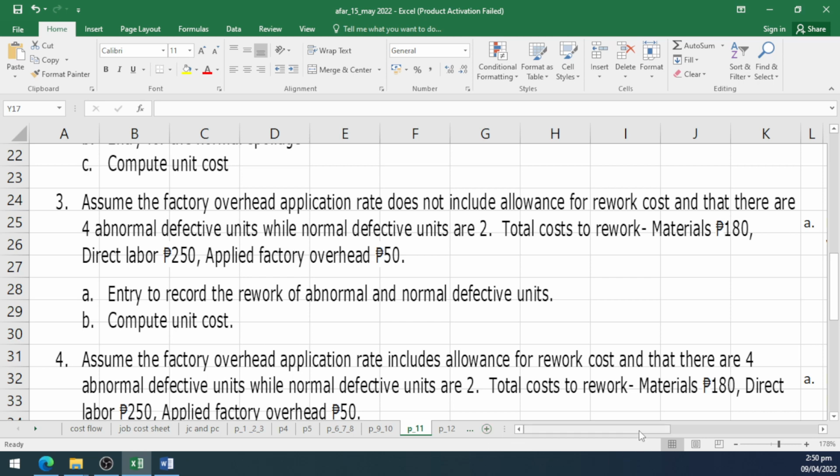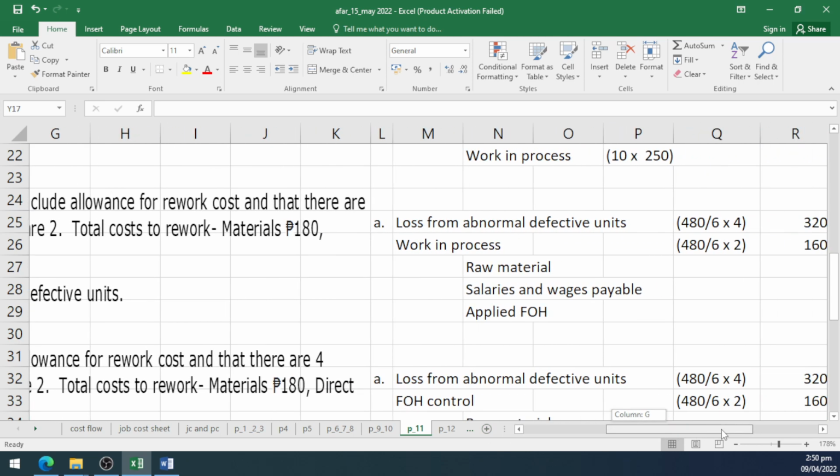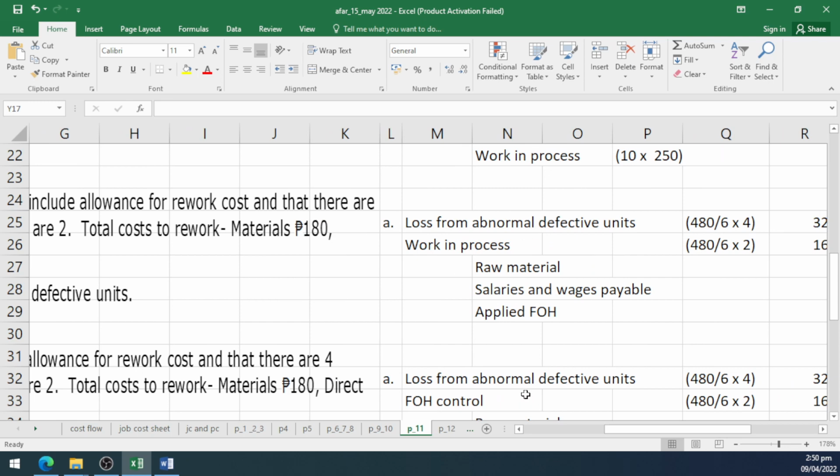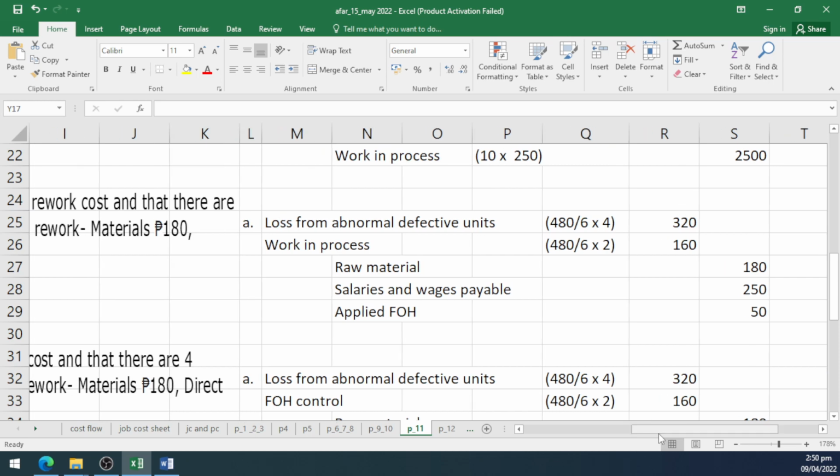Okay, so itong magiging entry po natin. Yung pong abnormal, i-charge natin yung rework cost sa loss account. Ang total rework cost po ay 480. Materials 180, 250 salaries and wages, DL yan actually, applied overhead 50.